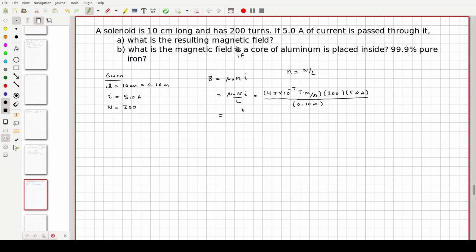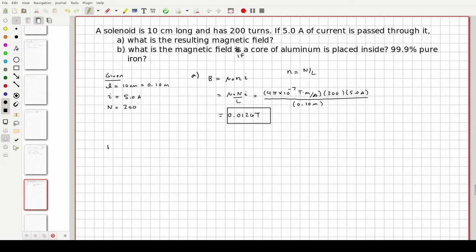So you do the math here, and you get 4 pi times 10 to the minus 7th times 200 times 5 divided by 0.1. Okay, so you get something like 0.0126 Tesla, about that. So here's the answer to part A right here.